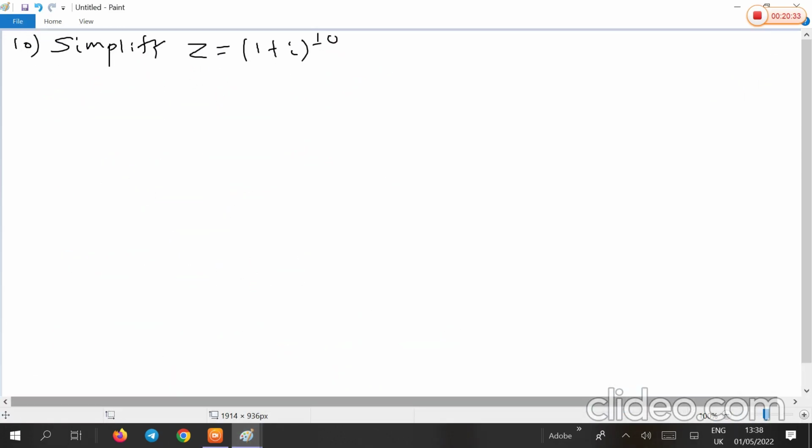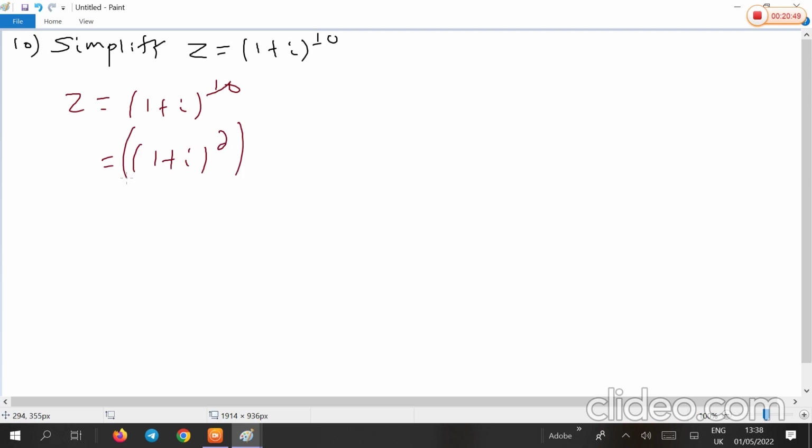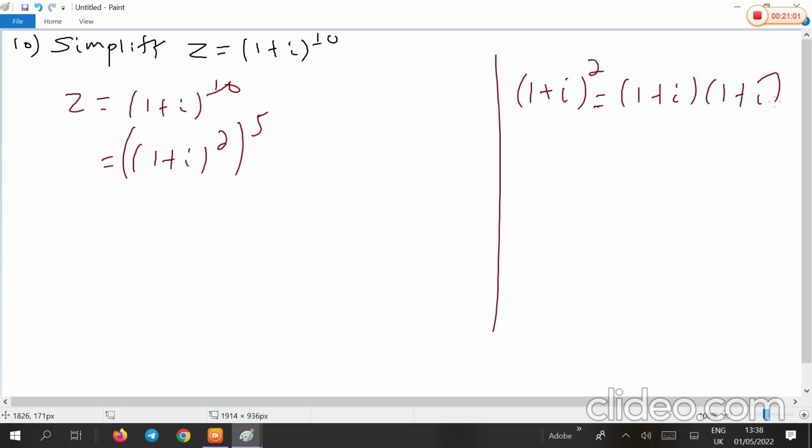The last question is simplify z, which is equal to 1 plus i the power of 10. z is equal to 1 plus i the power of 10, or in other words 1 plus i square the power of 5. First of all, what is 1 plus i square? 1 plus i square is 1 plus i times 1 plus i.